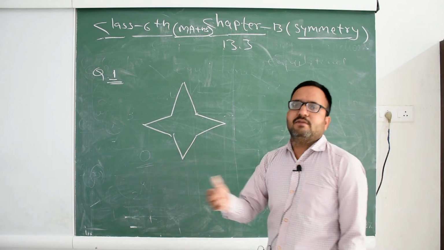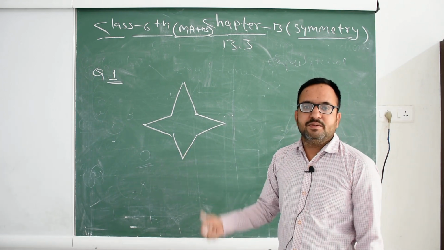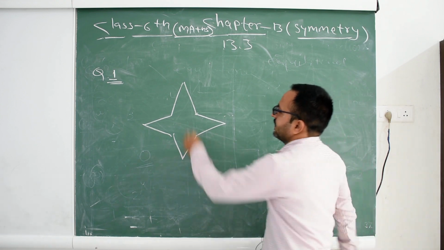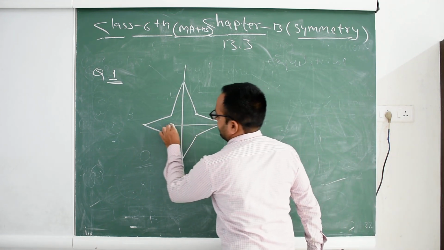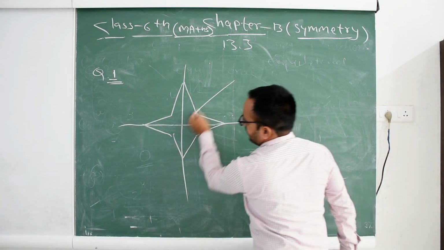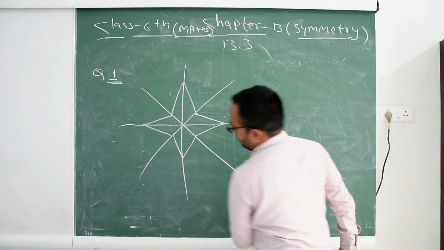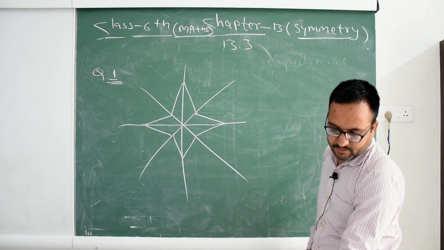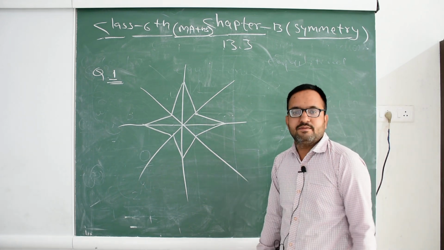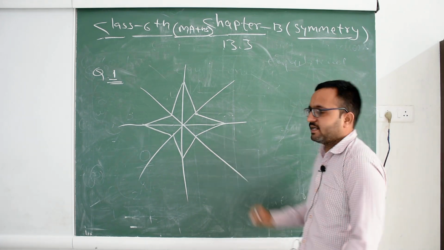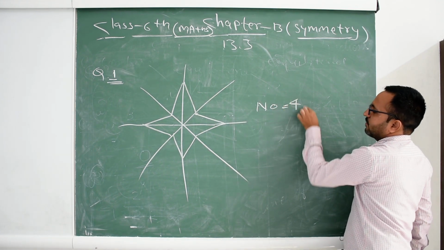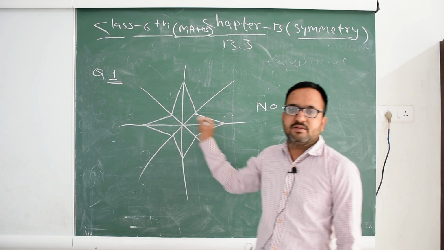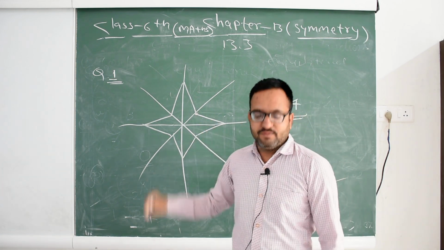How many lines of symmetry are we able to draw in this figure? 1, 2, 3 and 4. We can draw 4 lines of symmetry in this diagram.